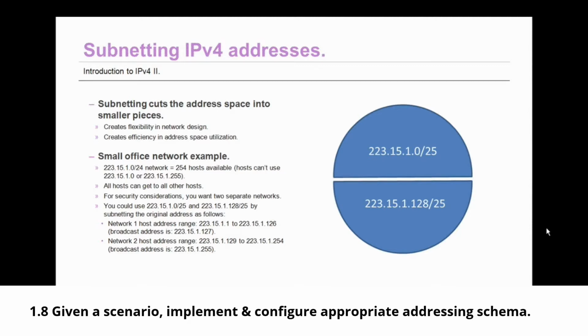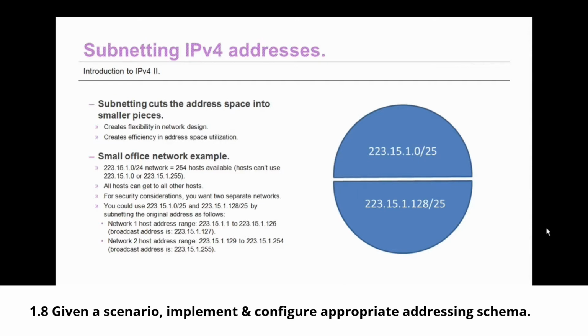The second address range created through this subnetting process would give us a host range of 223.15.1.129 up through 223.15.1.254. That's because you can't use the network address, which is 223.15.1.128, and you can't use the broadcast address, which is 223.15.1.255.